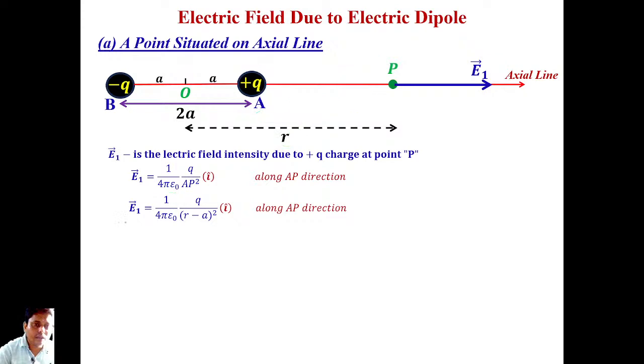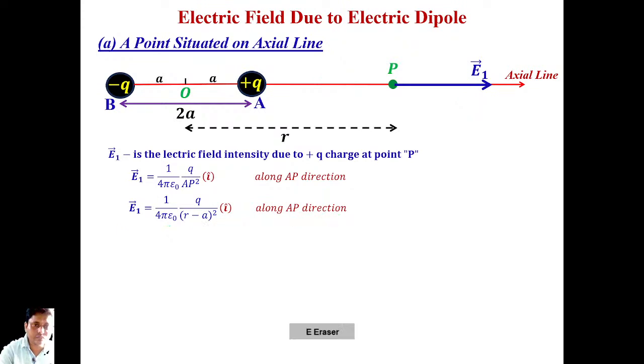So E1 will be 1 by 4 pi epsilon 0 times q by (r minus a) whole squared, i cap, because i cap means along the positive x-axis direction, or we can write along AP direction. Either you can write along AP direction or i cap, no problem.